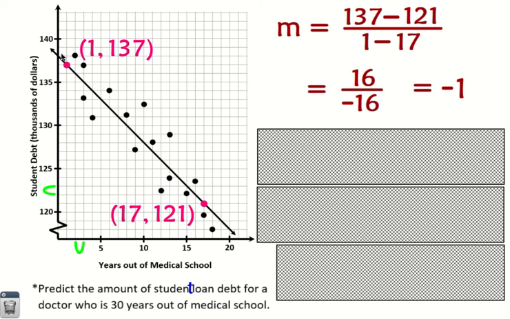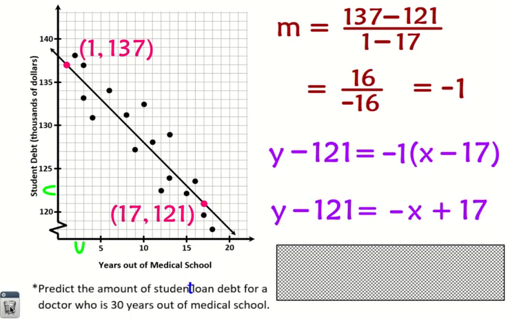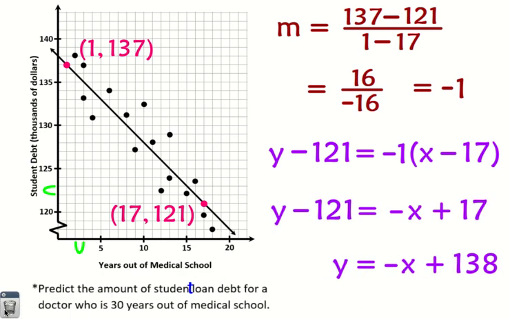But again, we're probably going to go with this formula just to keep things consistent. And check it out, it is exactly the way it looked. 138 is my y-intercept, my b value, and my slope is basically negative 1 or negative 1,000, you know what I mean?